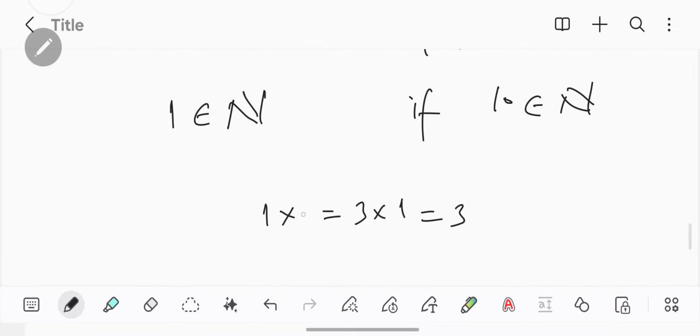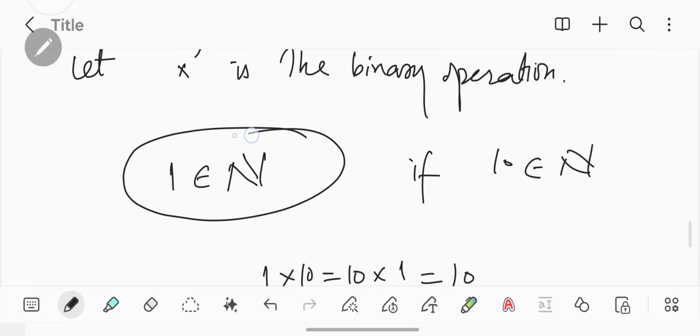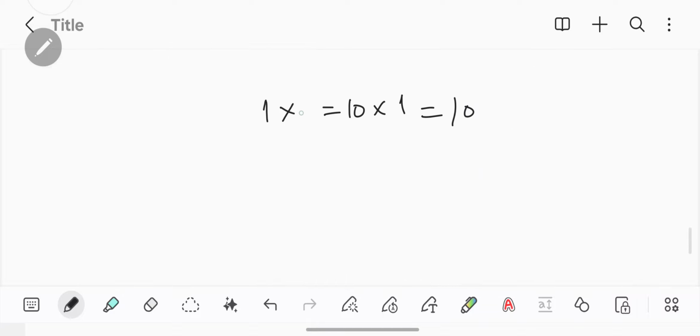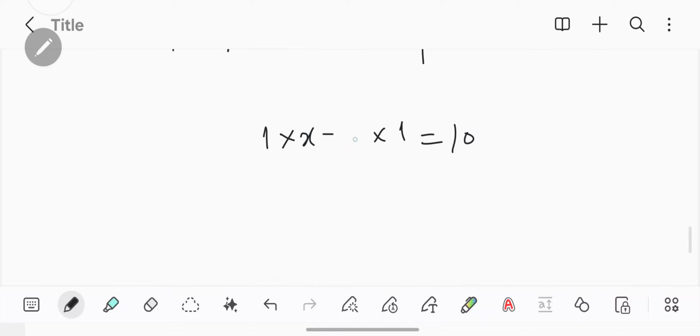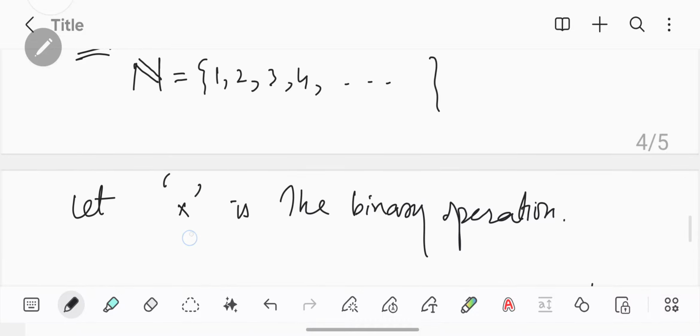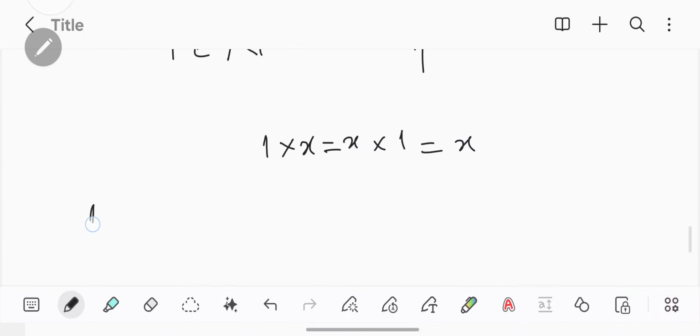If you write 10, you will get back 10. So 1 is a number such that for any x, I will get back that x, because 1 times x is always x. So for this set, 1 is the neutral element with respect to multiplication, right?